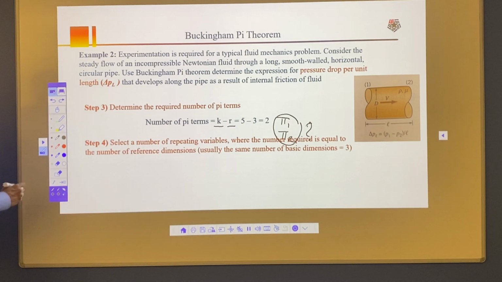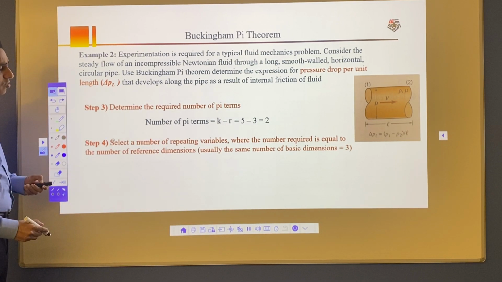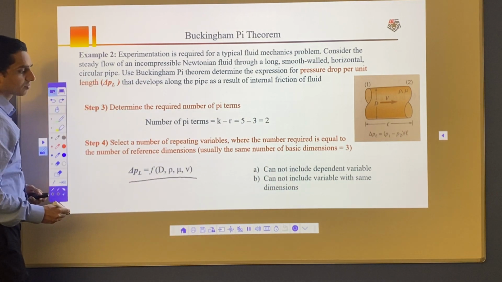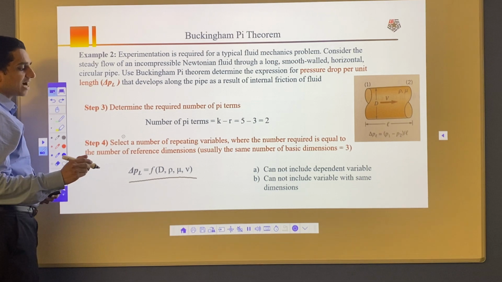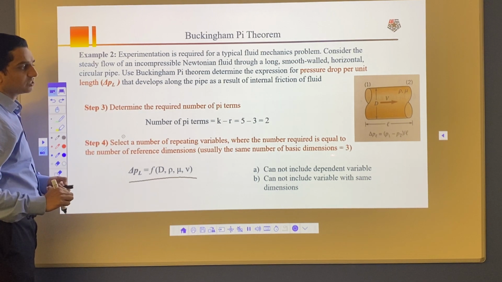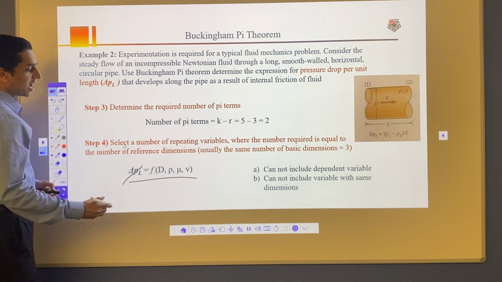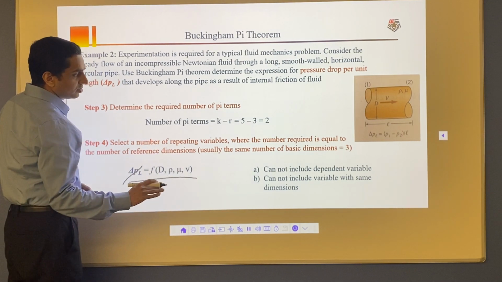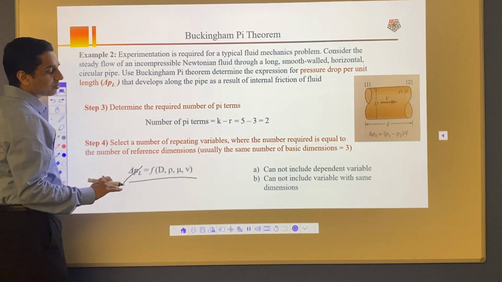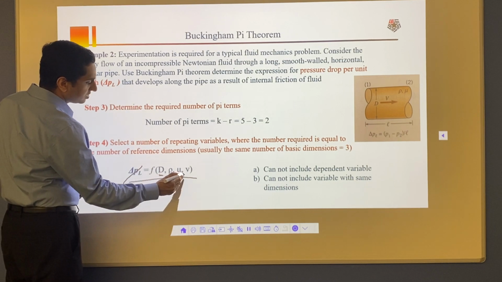Then step 4 says that out of these 5 variables, find 3 variables in such a way that they cannot include the dependent variable. It means you cannot include this one, and out of these 3 you cannot have variables with the same dimensions. In this problem I'm going to choose this variable, then this one and this one.